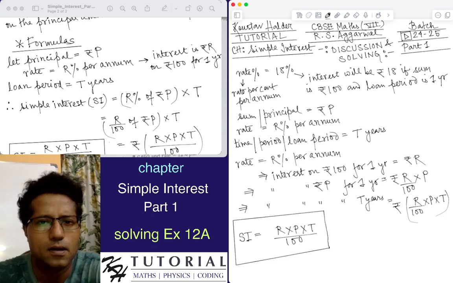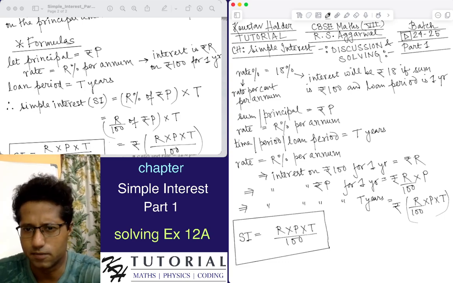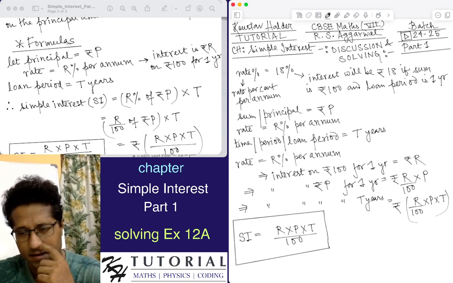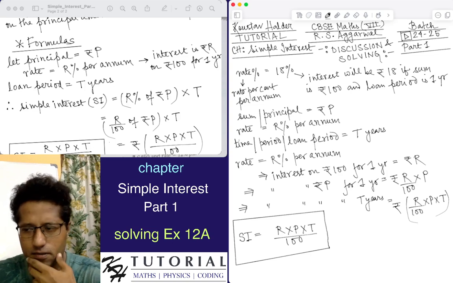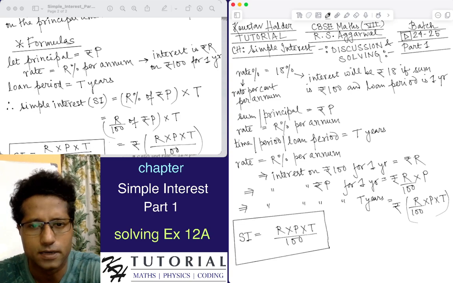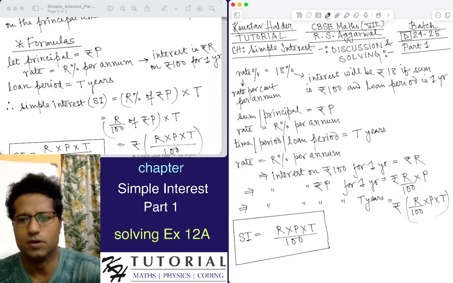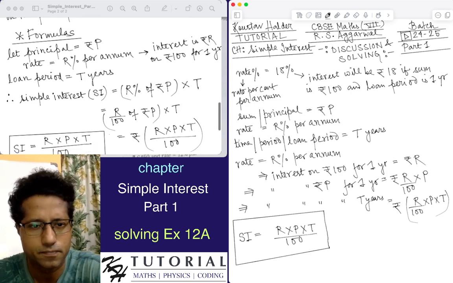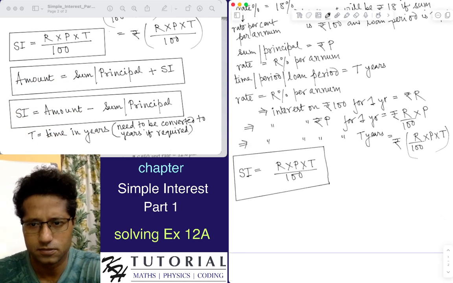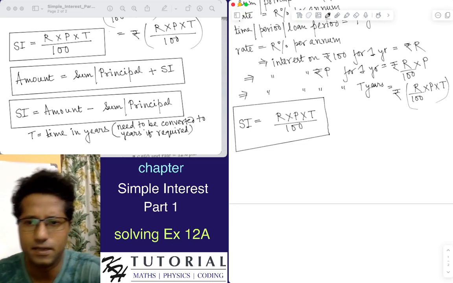Now always remember that in the problem, if T is not given in years, if T is given in days or months, first you have to convert T into years. That value may not be an integer, maybe a mixed fraction, maybe a fraction, whatever. That doesn't matter, but the unit of T should be in years. Now we have found the simple interest is RPT by 100.